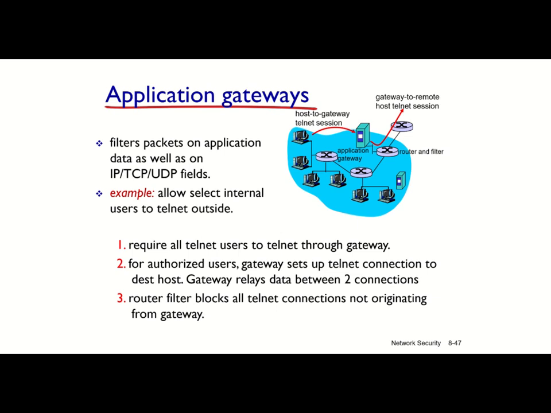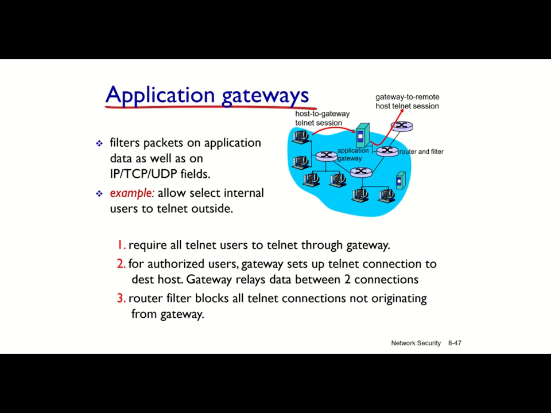But for those who send their messages through the application gateway, the application gateway looks into the application layer of the messages that it receives and only allows authorized users to forward their messages outside of the LAN.